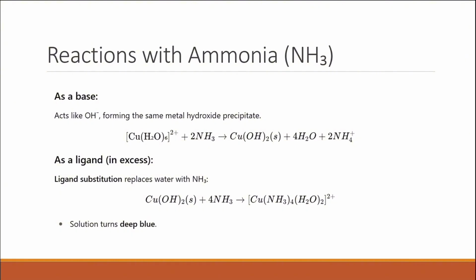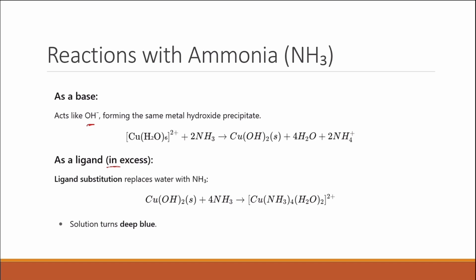In the case of ammonia, ammonia can act either as a base with the metal aqua ions, or sometimes it can act as a ligand. This is in the presence of excess, and specifically for copper. As a base, it will act simply like the hydroxide ion.